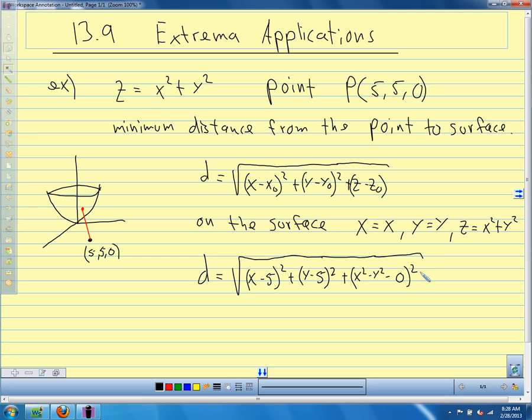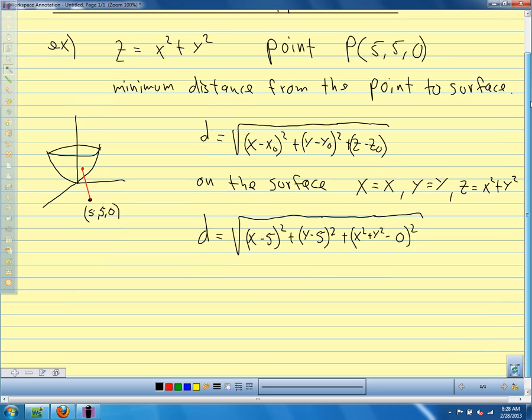Why is it minus squared? Sorry, because I made a mistake. So there's our distance function.